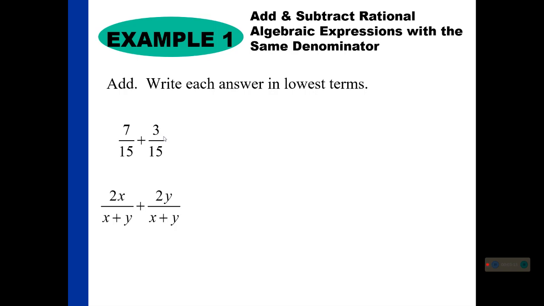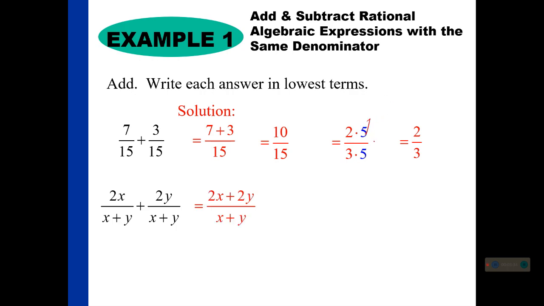Your solution will be 7 plus 3 over 15, and then you will have 10/15. If you are going to reduce this to lowest terms, you find the GCF, which is 5. So this will become 2/3.